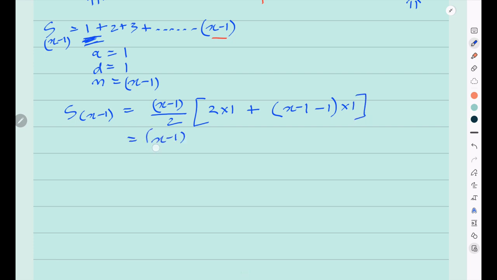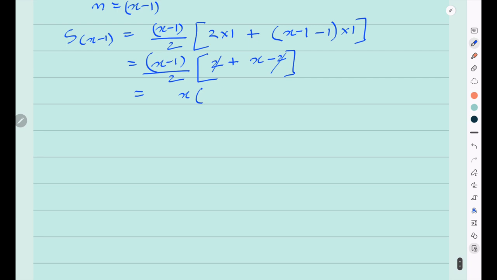Let us simplify it. So here it's 2, and then this is x minus 2. You can easily see that these two will cancel. So the overall sum up to x minus 1 will be x multiplied by x minus 1 divided by 2.